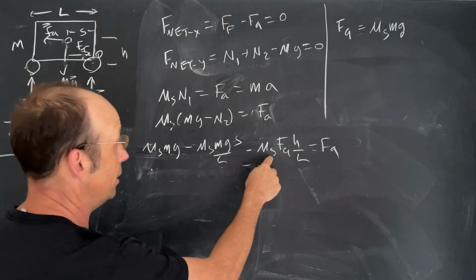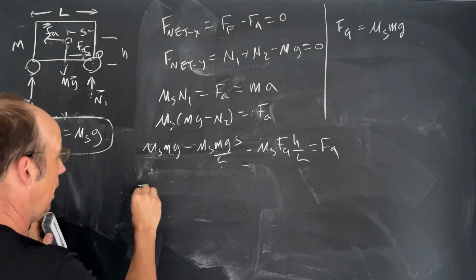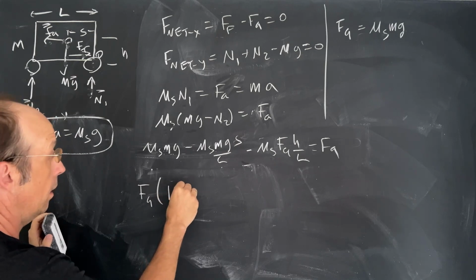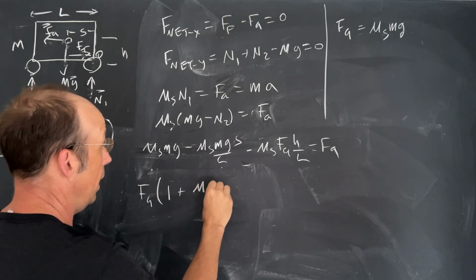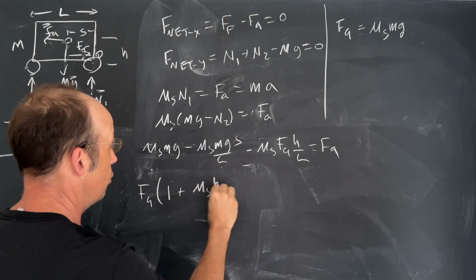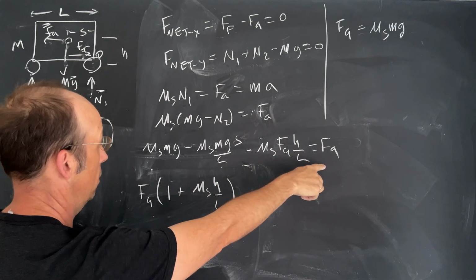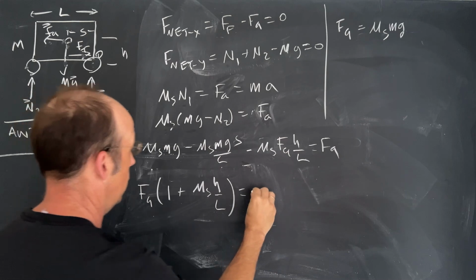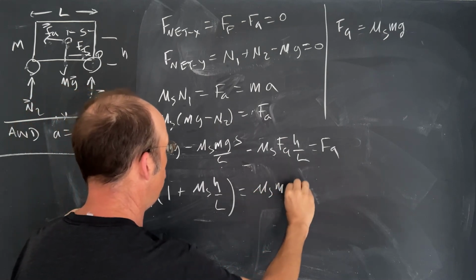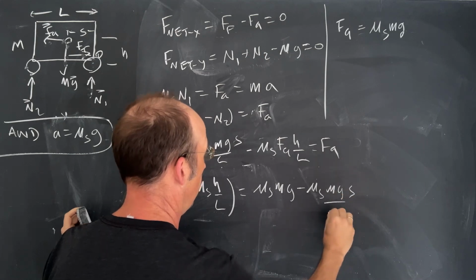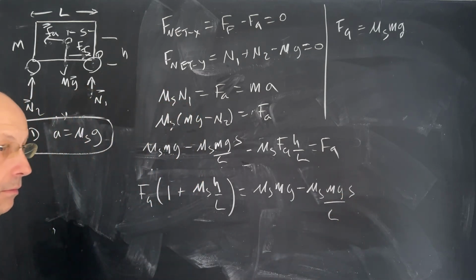So let's add this to both sides, and I get Fa times 1 plus mu s h over L equals mu s mg minus mu s mgs over L. And then I divide both sides by that.